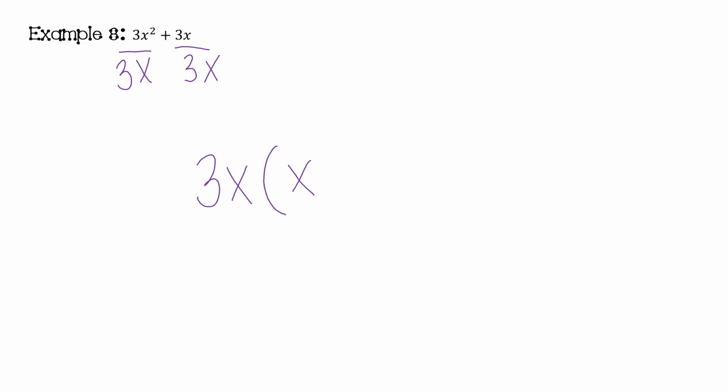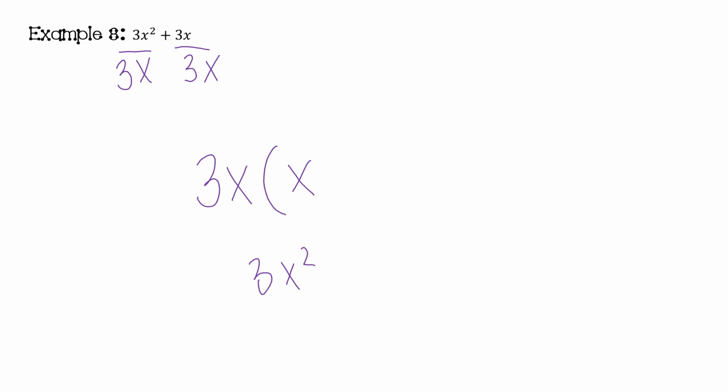Then 3x divided by 3x, students tend to say, okay, well those cancel out. That would mean that this was just your answer. Well, if you went to check it and you went to multiply, you would only end up with 3x squared and you wouldn't end up with the plus 3x. So we need to be careful. If you are dividing anything by itself, it is 1.